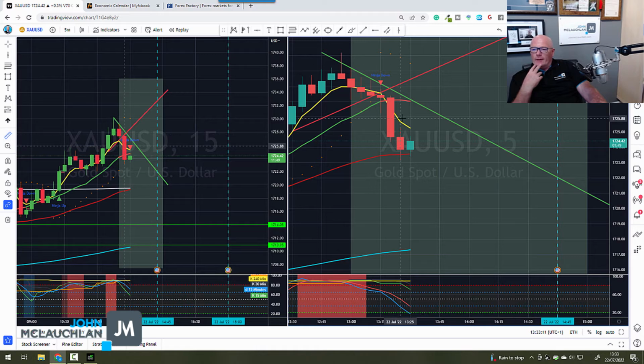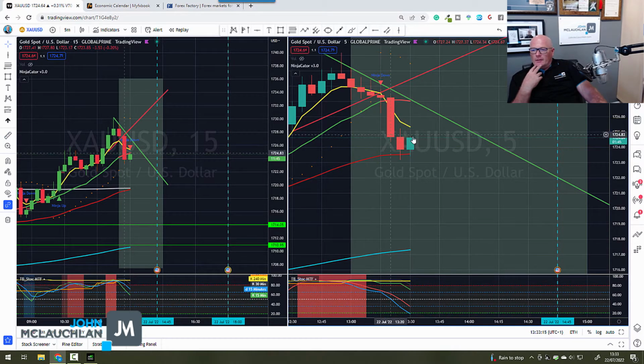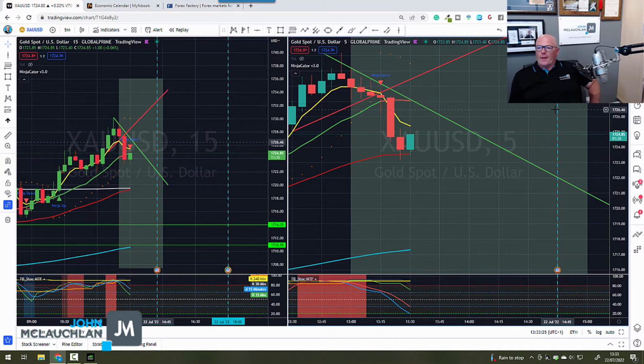If I'd done that right now, I'd have probably been looking at maybe taking 1 pip or 2 pips in profit rather than profits for the day. So it's always good to stick with the strategy and not try to outwit it, unless there's something blindingly obvious, you know, unless price is doing something.